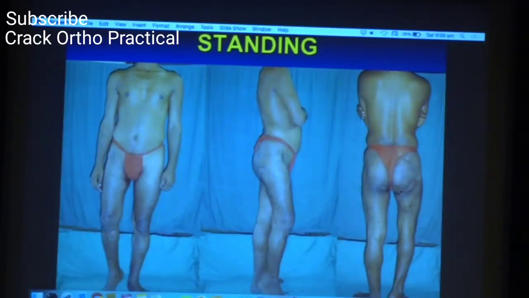So if you ask the patient to put the foot flat on the ground, probably the scoliotic deformity will come up. So this is how this patient was compensating for probably limb length discrepancy.